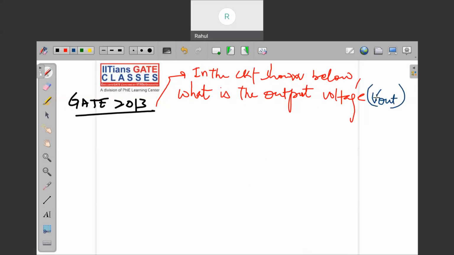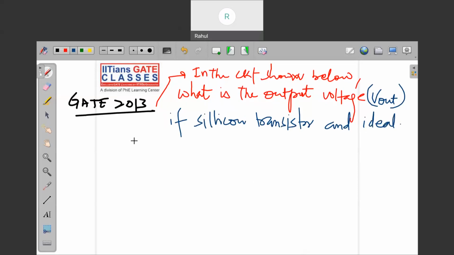If the silicon transistor and ideal op-amps are used.